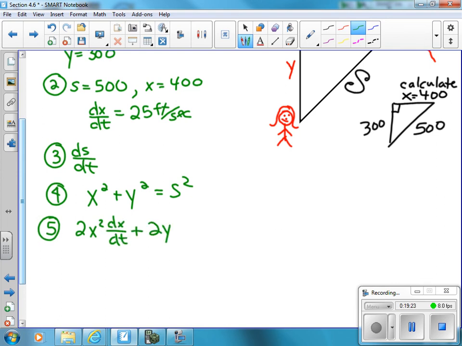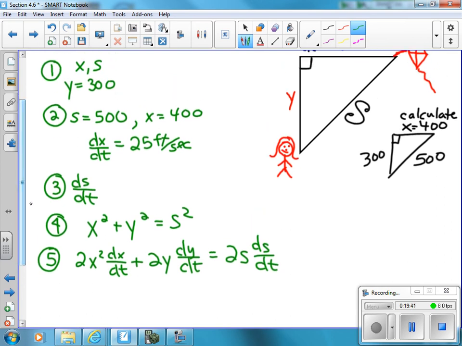And most of your problems follow one of these formats. Oops, I still need a 2s here. Okay, so when s is 500, we know this, and this. We have dx/dt is 25 feet per second. Okay, the one thing that we weren't given was what is dy/dt.